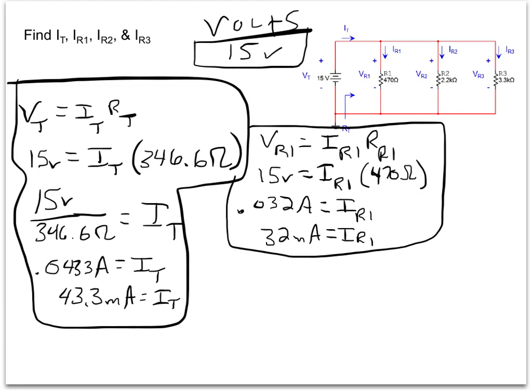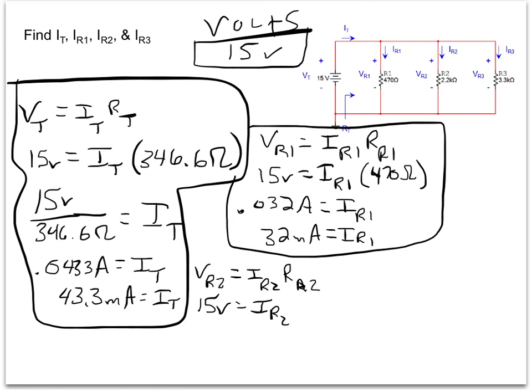I have to do this 2 more times now. Let's find the current at the second component. So the volts at the second component equals the current times the resistance. Volts is 15. Current, we don't know.